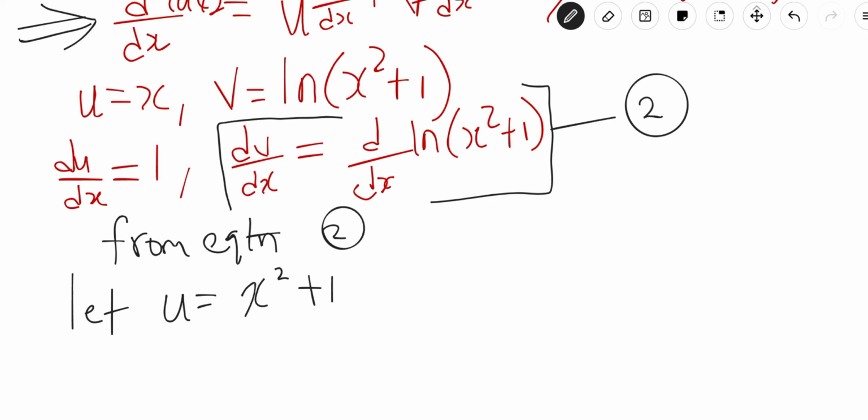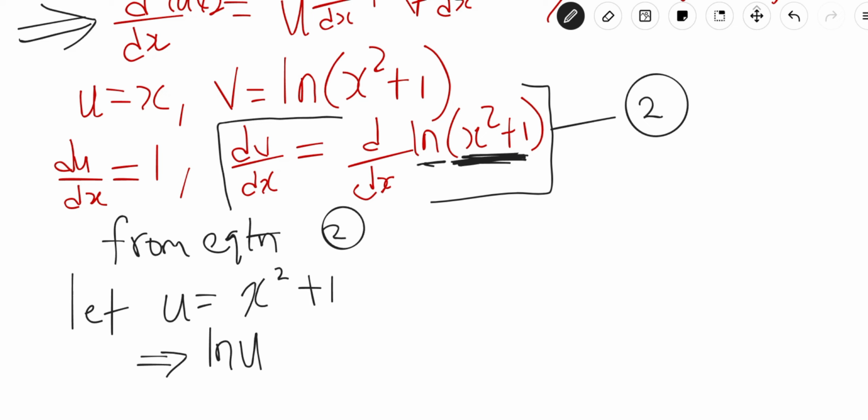Why am I saying let u is equal to x squared plus 1? I want to make this easier for me to differentiate by calling this u, so that I'm going to have ln u. That is, substitute what this is, which I've now called u. So I'm now left with ln u.